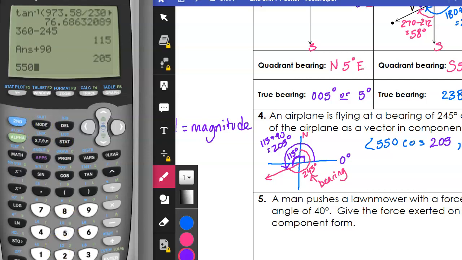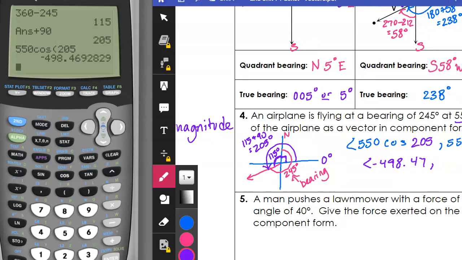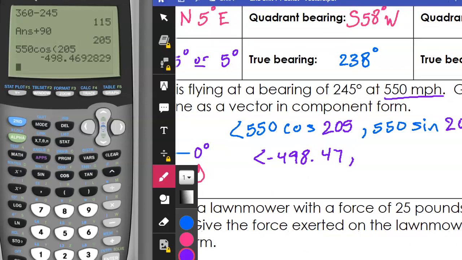And I do 550 cosine 205, and you get negative 498.47, comma, then we do the other one, 550 sine 205, and you get negative 232.